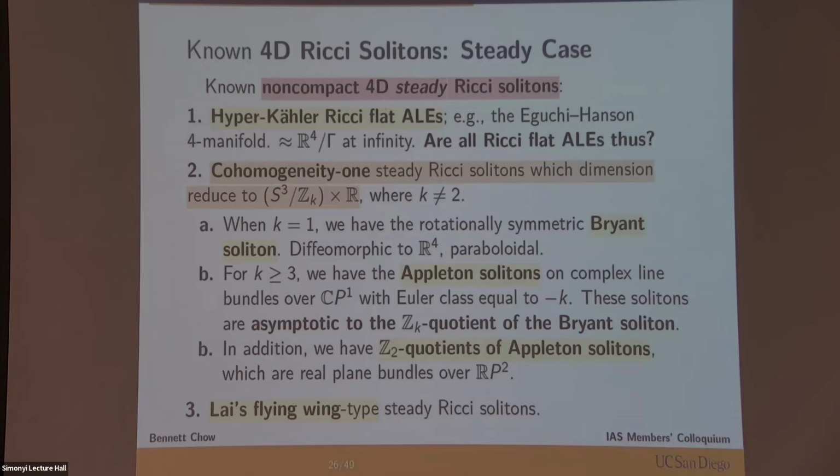Okay, so we can think of maybe the k equals 1 case as the rotationally symmetric Bryant soliton. So the idea is these Appleton solitons will look like the Bryant solitons mod Zk, where k is at least 3, asymptotically. And then you can take Z2 quotients of these Appleton solitons, so you get plane bundles over RP2.